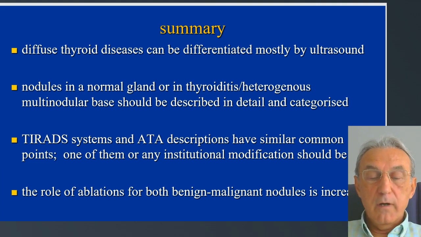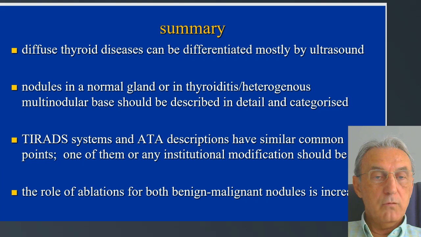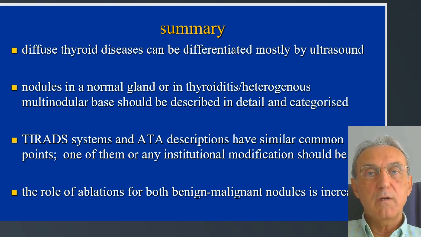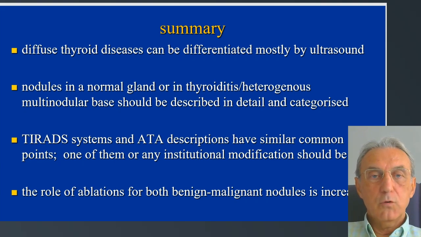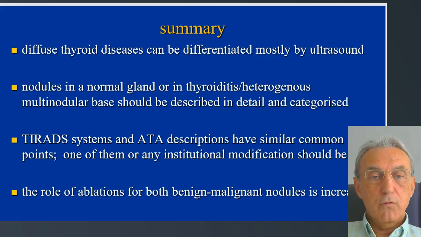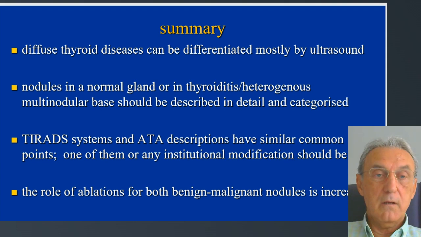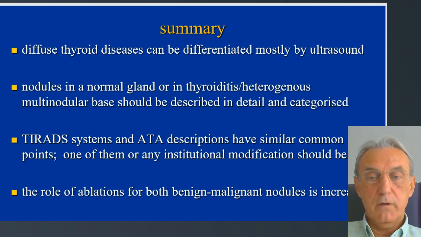So we can summarize our talk as you see here. Diffuse thyroid diseases can be differentiated mostly by ultrasound, but you must keep in mind that you cannot always differentiate them, especially Hashimoto and Graves at least in the initial phase. But we have some clues that we can use. Nodules in a normal gland or in thyroiditis, or a heterogeneous multinodular gland, should be described in detail, categorized and followed up more carefully.